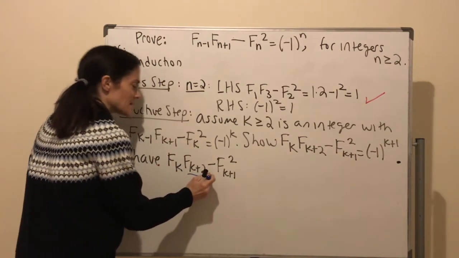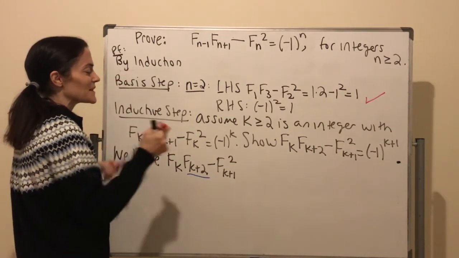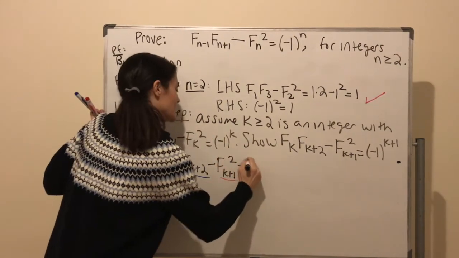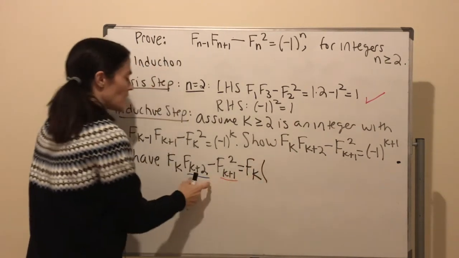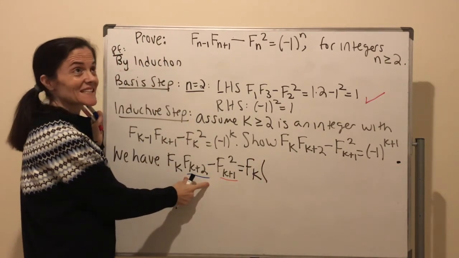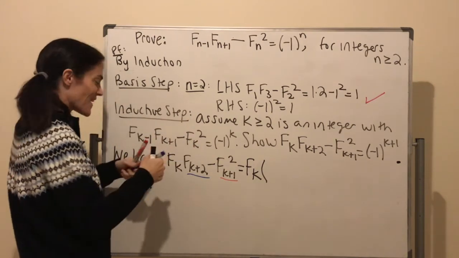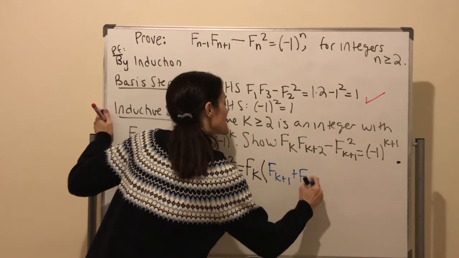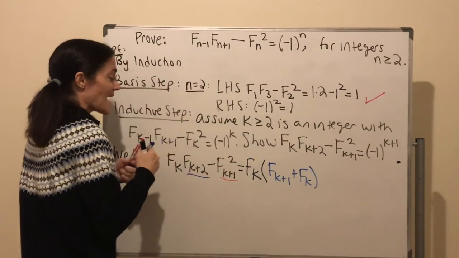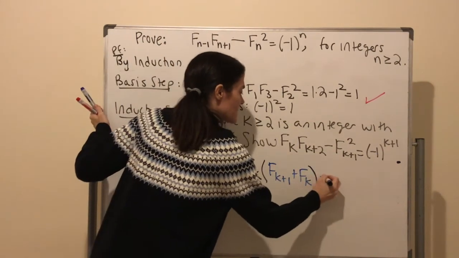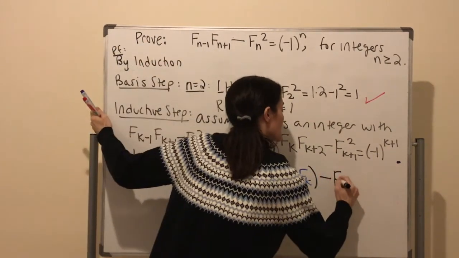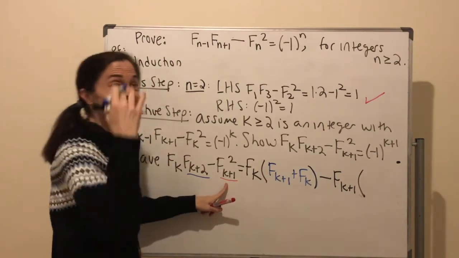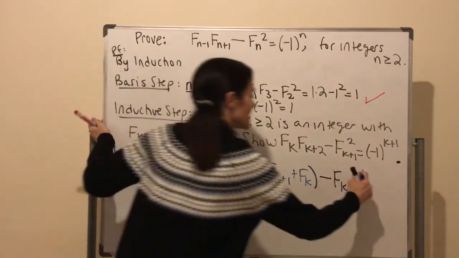I will expand this, and I will expand one of these. We know f_{k+2} is f_{k+1} plus f_k. This is what makes these Fibonacci numbers. And then I have this minus. I will write one of these, and the other one, f_{k+1} is f_k plus f_{k-1}.